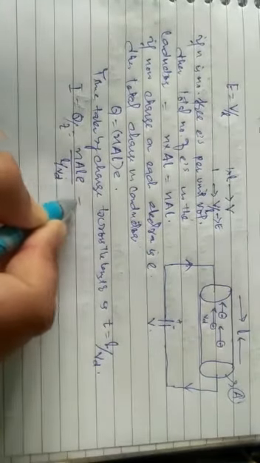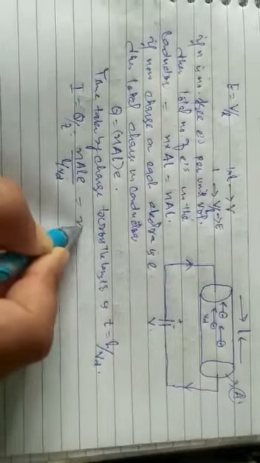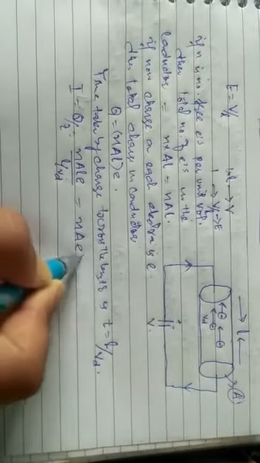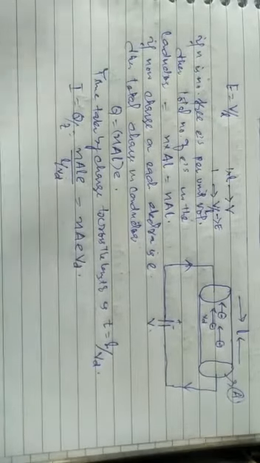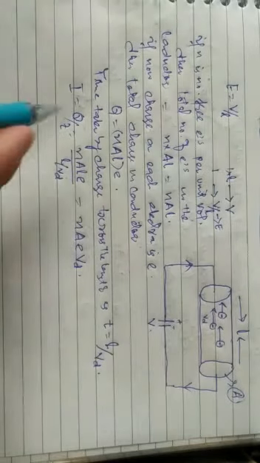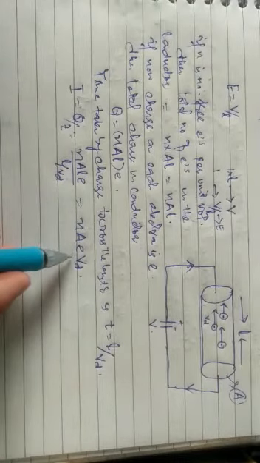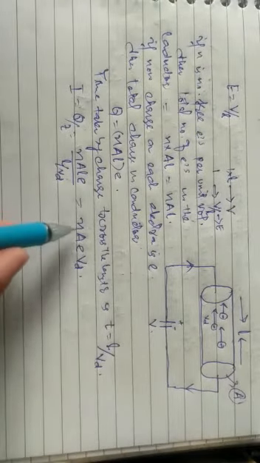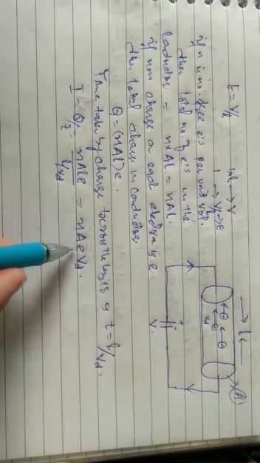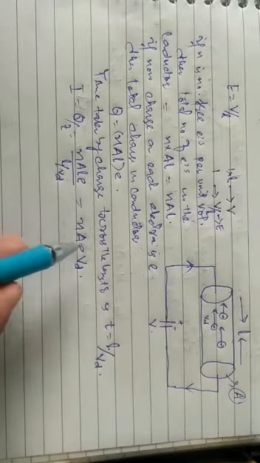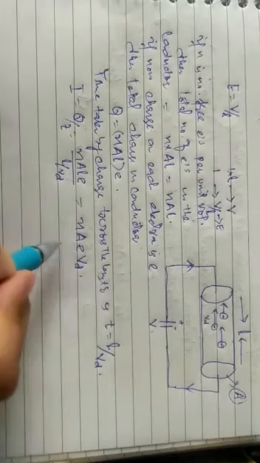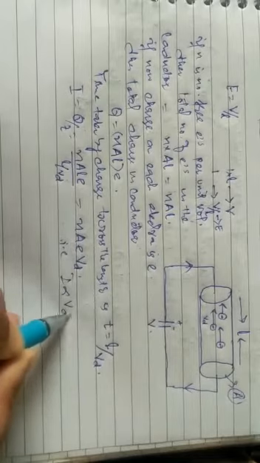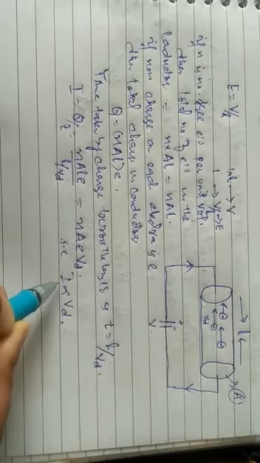L cancels, and it becomes I equals nAeVd. So I is directly proportional to Vd, the drift velocity. n, e and A are constant as you are using the same material, so I is directly proportional to Vd. More drift velocity means more current.